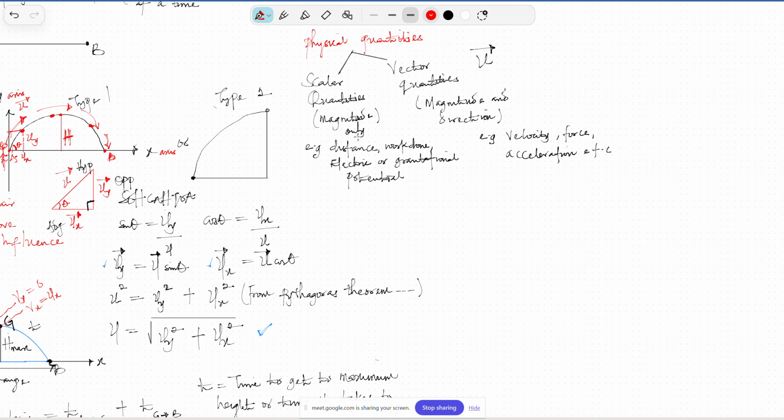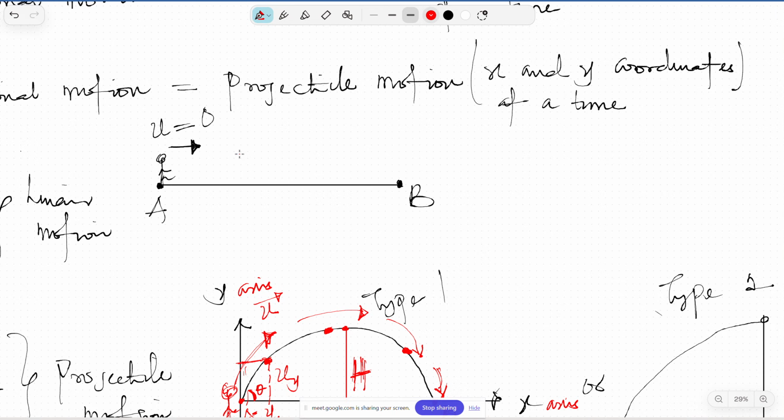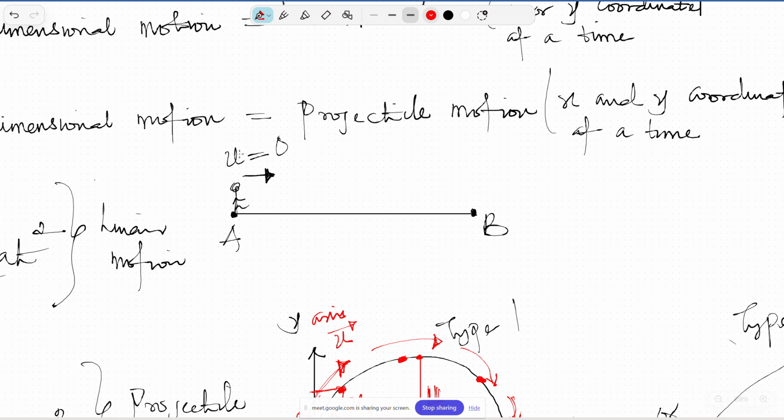Where were we? We were here. Don't forget that whenever you want to solve a linear motion question, you must first identify your given parameters. Is u given? Is it stated that it is at rest? If it is stated that it is at rest, u will be taken as 0.